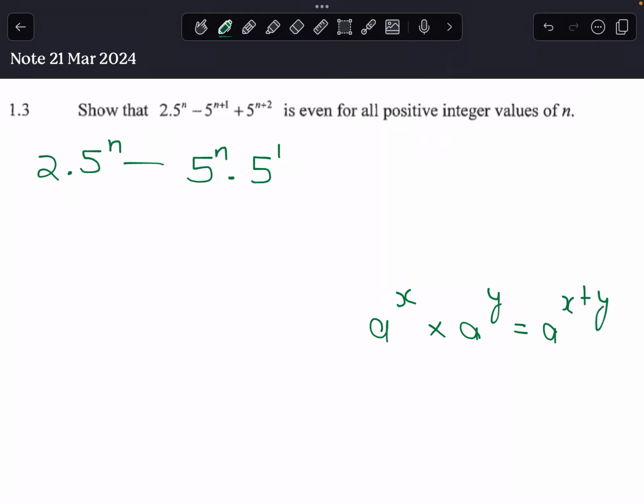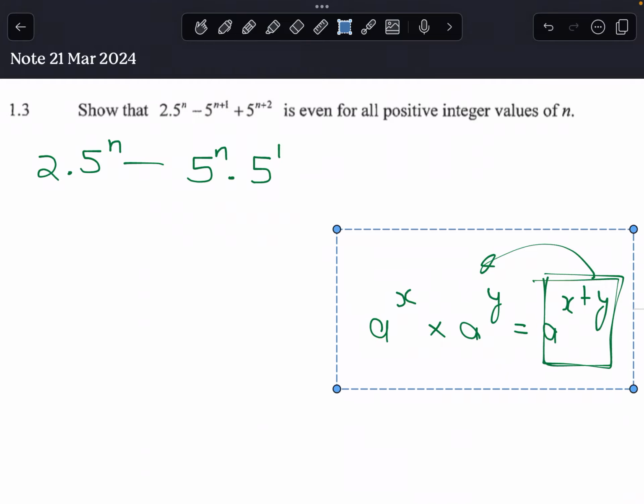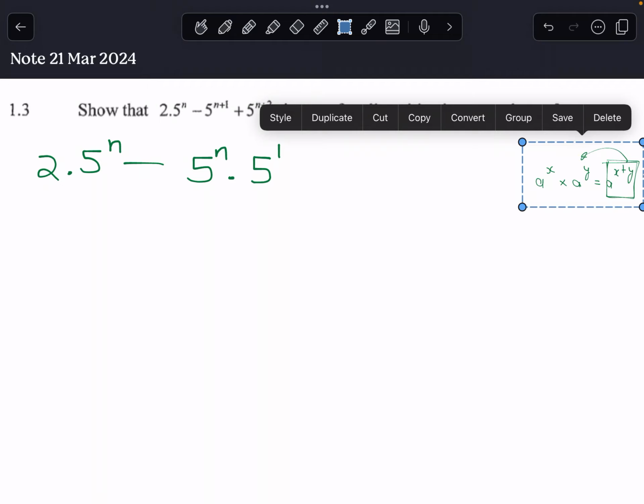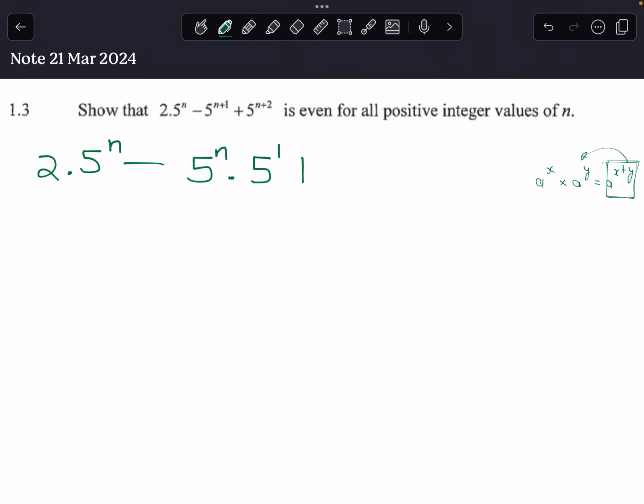But the equality means that it goes both ways. So you could use this to rewrite something as a product like that. Let me just shrink that real quick. So I'm going to use that to rewrite these last two terms. So this will be 5 to the n times 5 to the 2.